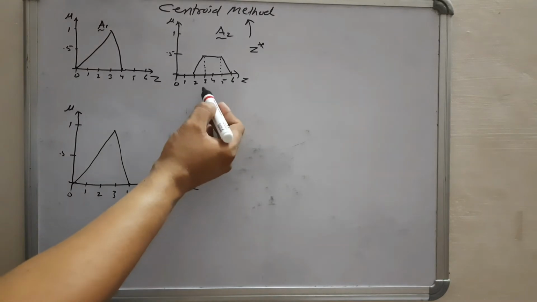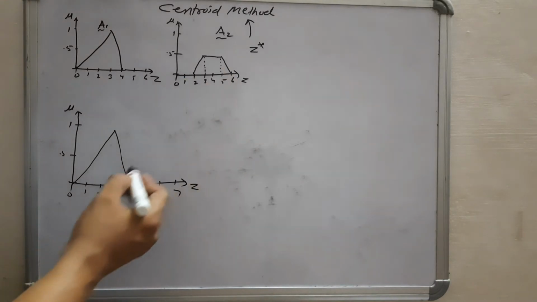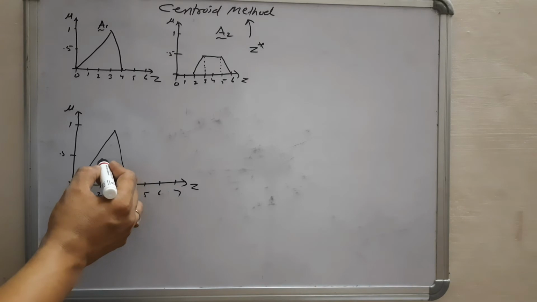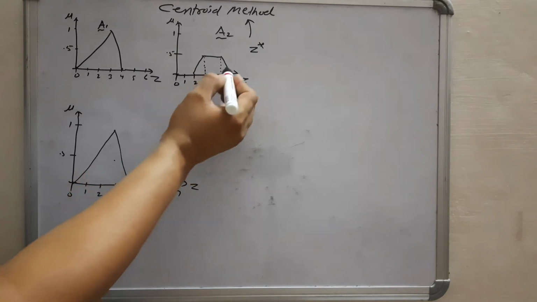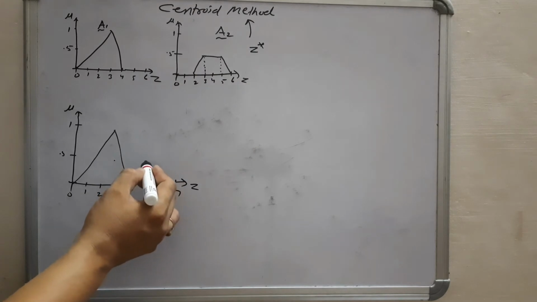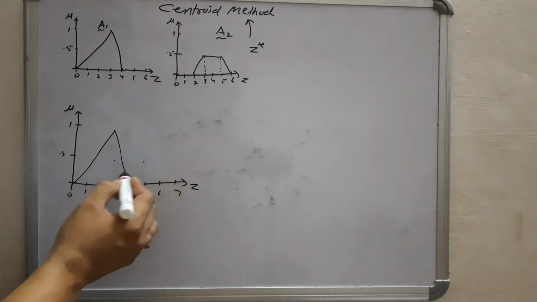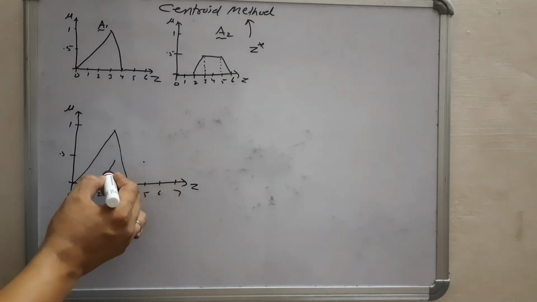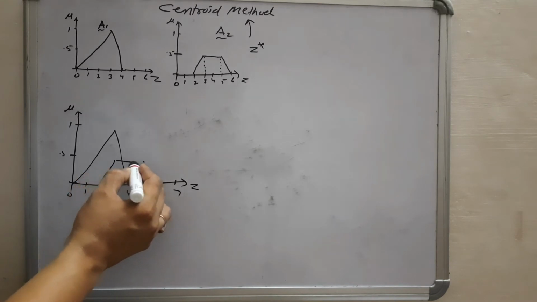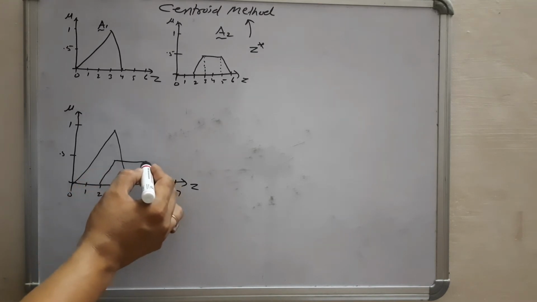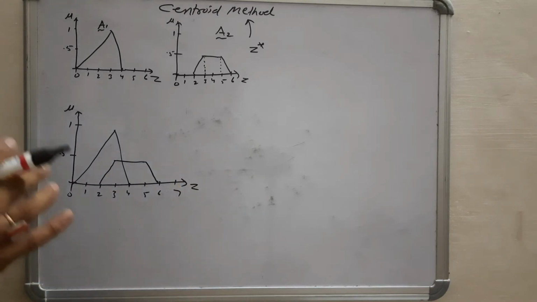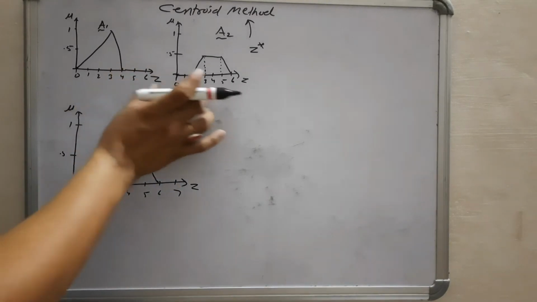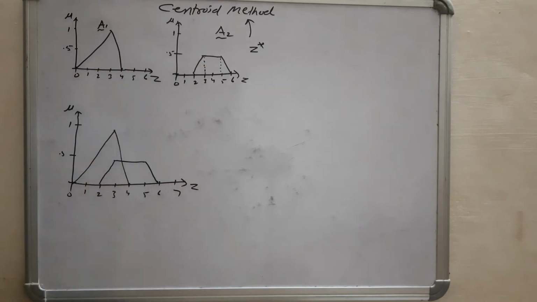And the second membership function: 2 to 3.5, it is 0.5 here, and at 5 it remains 0.5, so I can join these lines, and 5 to 6. So in the first step I have drawn these two membership functions on a single scale.